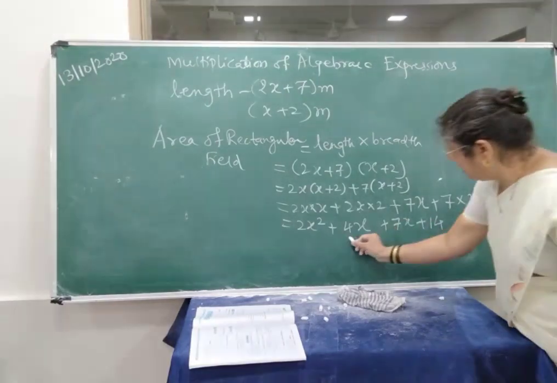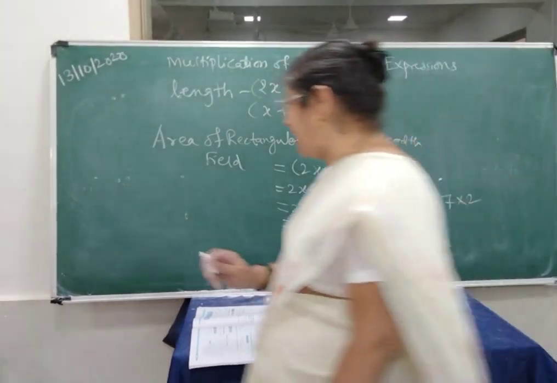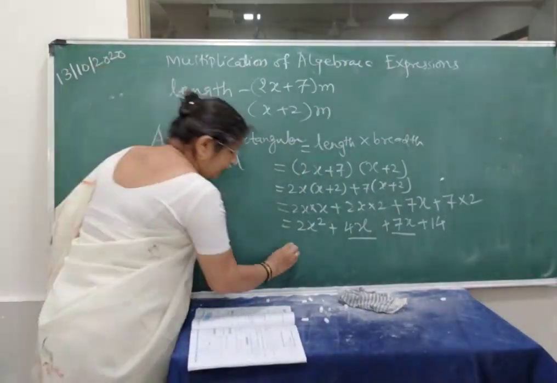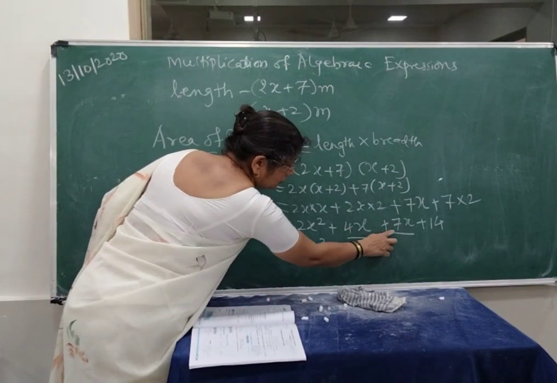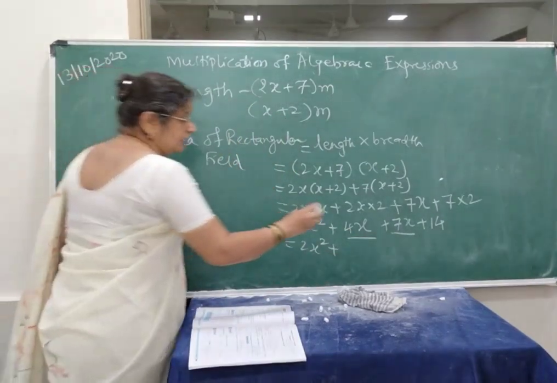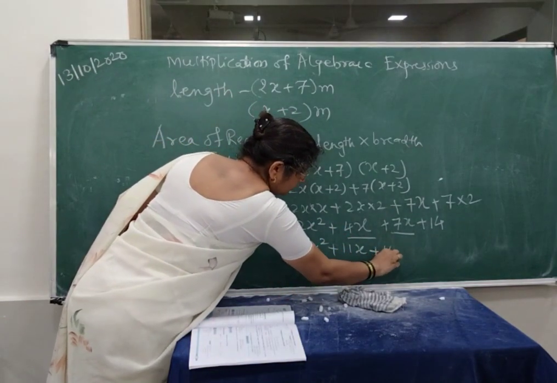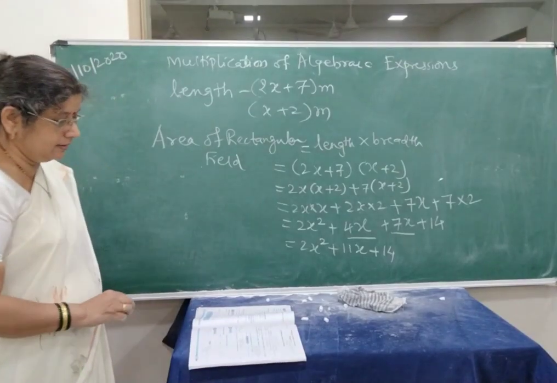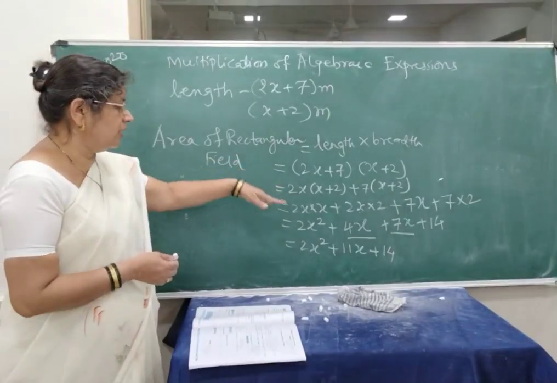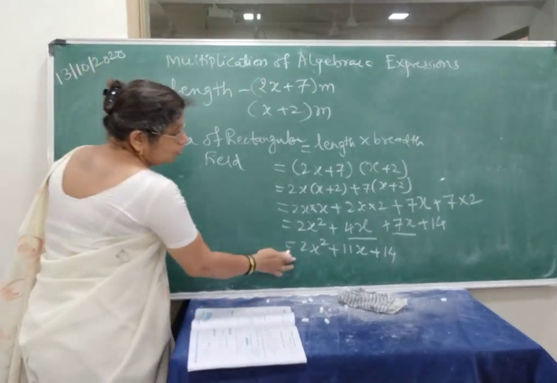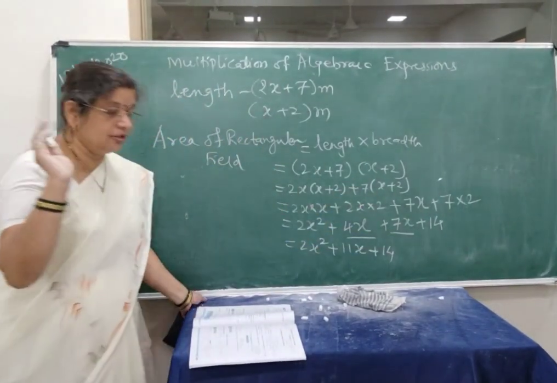Now if you see here, 4x and 7x are like terms, so you will add. So 2x square plus, 4 plus 7, 11x plus 14. This is your answer. And what answer will you write? Area of a rectangular field is equal to 2x square plus 11x plus 14 meter square.